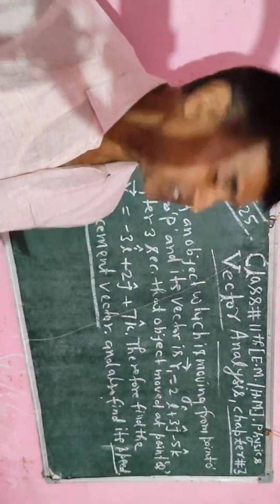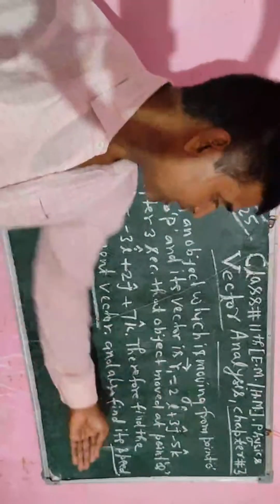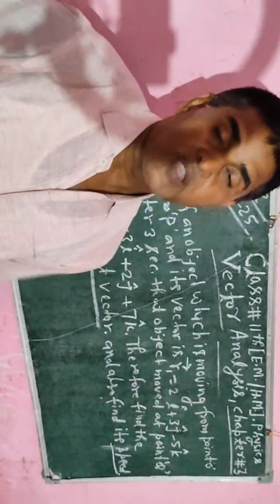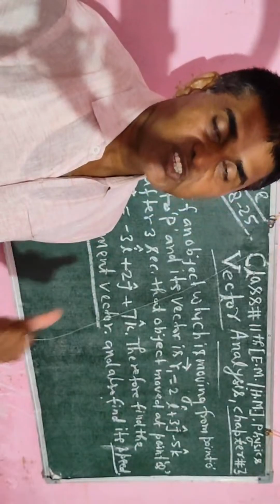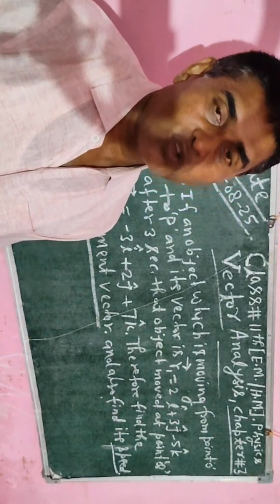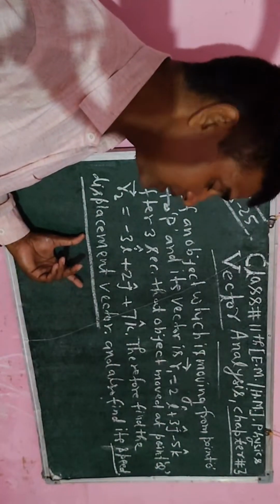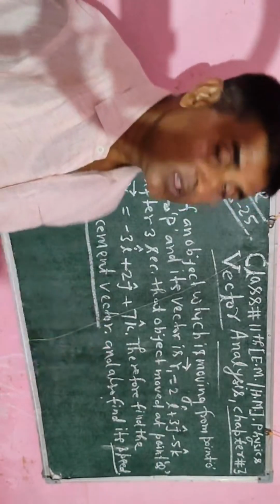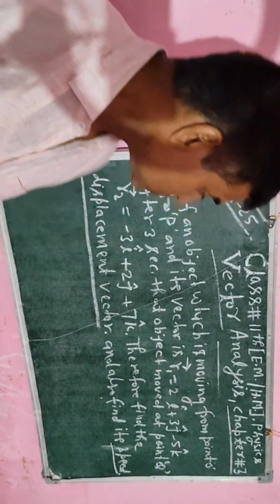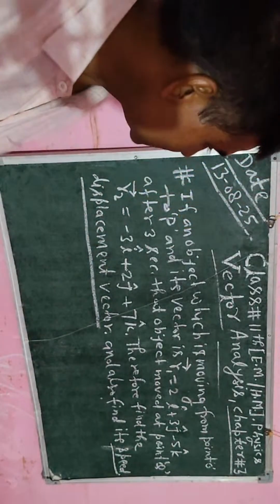So distance divided by time, that formula will give the value of speed. Okay, so this concept I will use, and I will find the value of the displacement vector and also the speed. I will explain this information in detail.